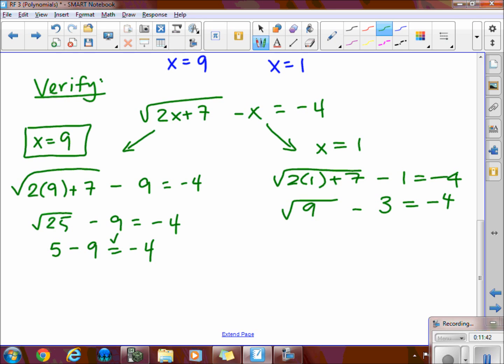We got 3 minus 1 equals negative 4. And we could see that 3 minus 1 definitely does not equal negative 4. So x equals 1 is what we deem an extraneous root. So it's not a solution to this situation.